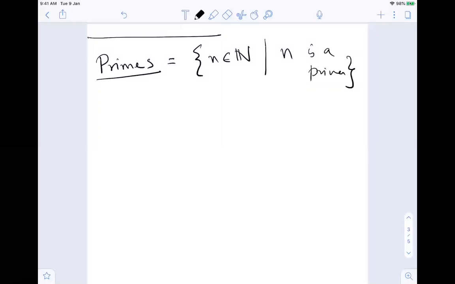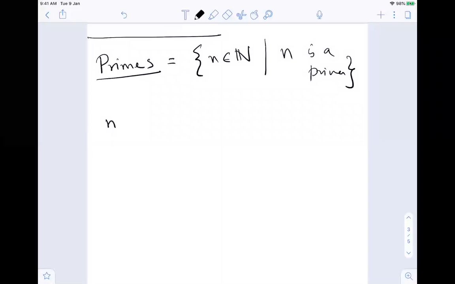Now this has a long story, I will tell you just now. If I take a number n and ask, is n part of primes, I want you to check if a number is prime or not.